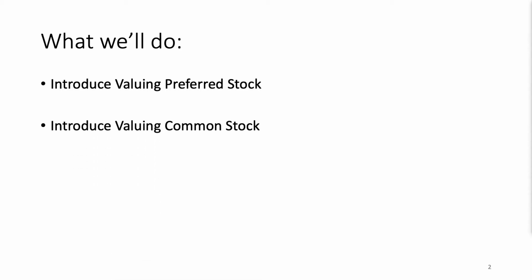So in this little video, I'll introduce valuing preferred stock, and then I'll introduce valuing common stock, which is expected to continue on with a constant growth rate. When we look at common stocks over many years, we find that some of them, not all, have a constant growth rate in the dividend.